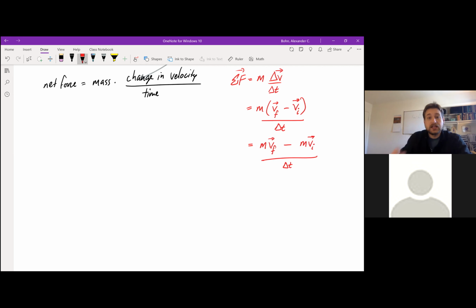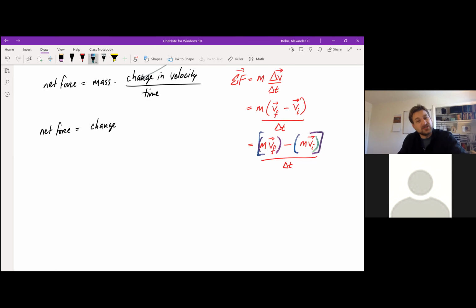And if I make the equivalent statement in words, it looks to me like this is a thing evaluated at the end minus a thing evaluated at the beginning.